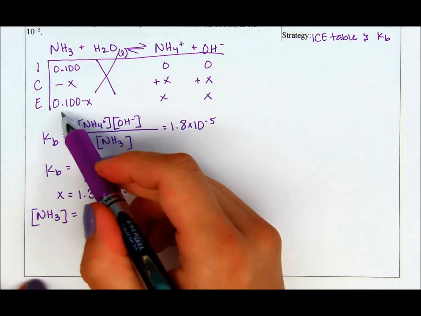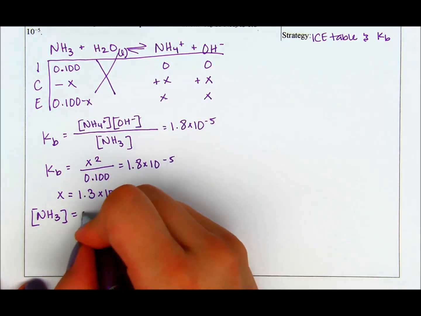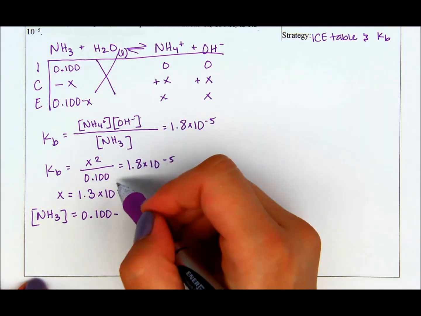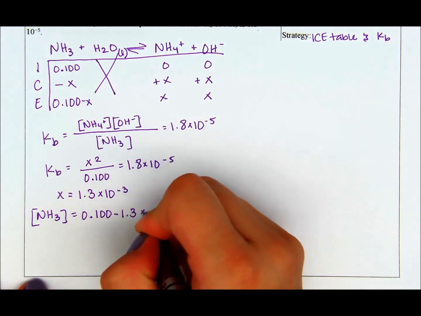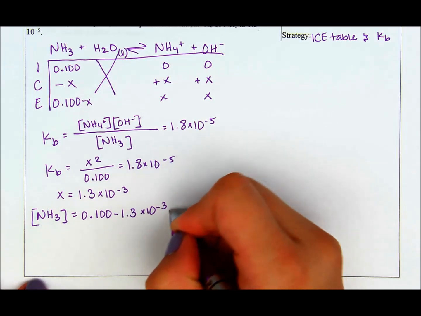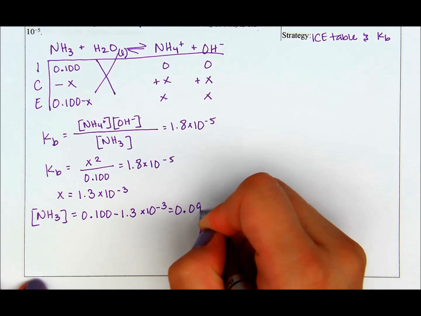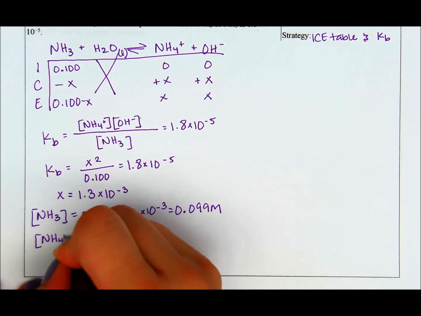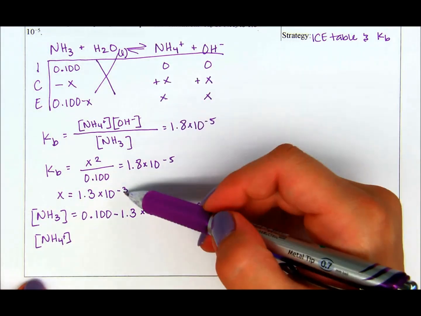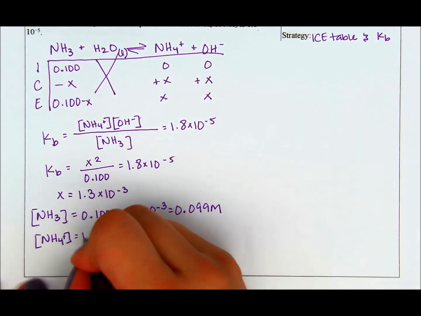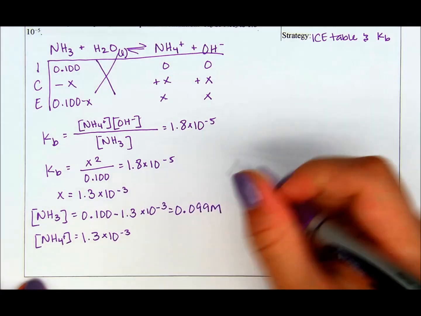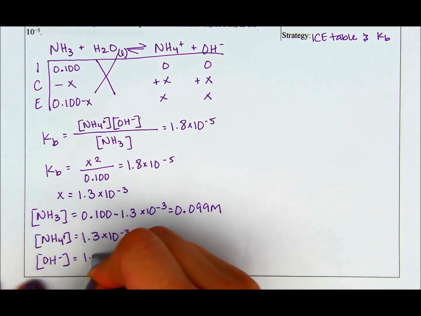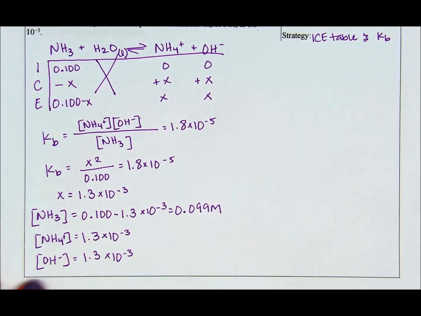Concentration of NH3 equals 0.100 minus x. So 0.100 minus 1.3 times 10 to the negative 3 equals 0.099 molar. Concentration of ammonium, NH4 plus here, is just x, which is 1.3 times 10 to the negative 3. Concentration of hydroxide, just x, 1.3 times 10 to the negative 3.